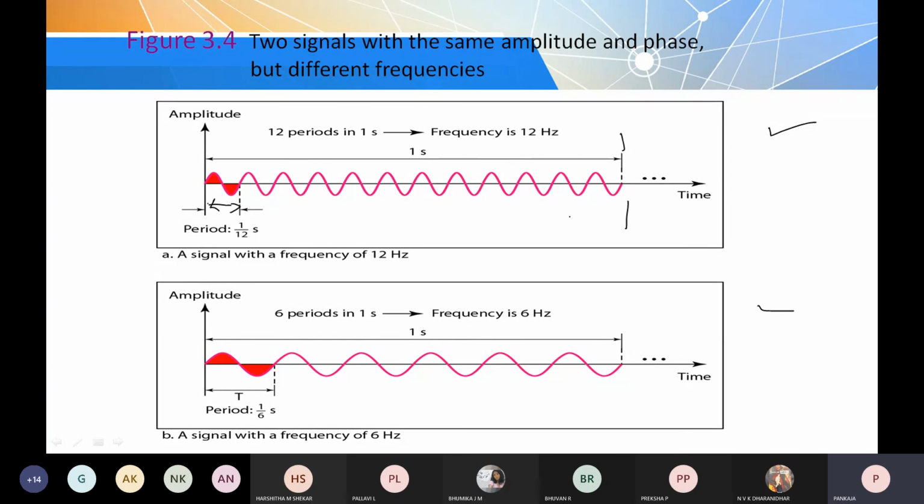That is called frequency. Let's count: this is 1, 2, 3, 4, 5, 6, 7, 8, 9, 10, 11 and 12. So 12 hertz. Normally frequency is represented with the unit hertz. So 12 periods in 1 second, nothing but a frequency of 12 hertz. Similarly, check the below diagram.